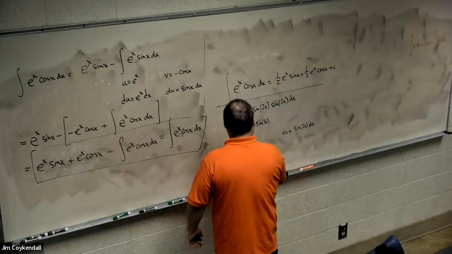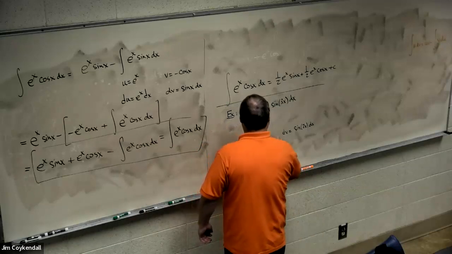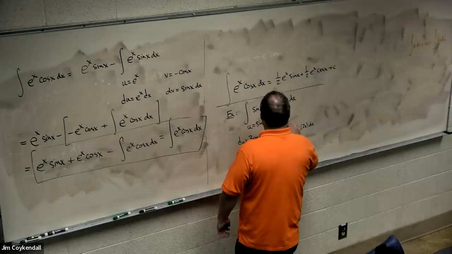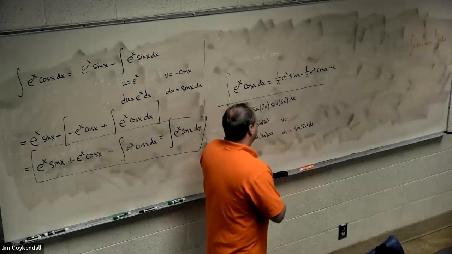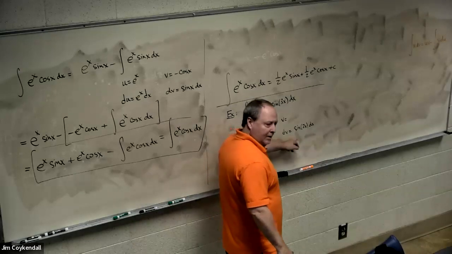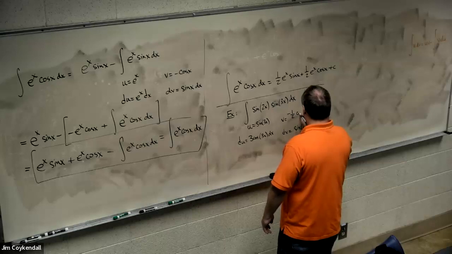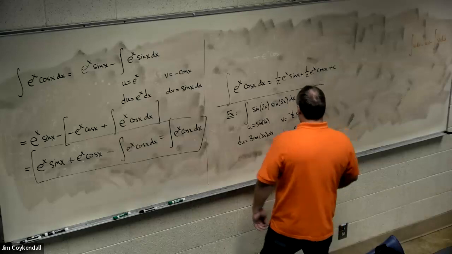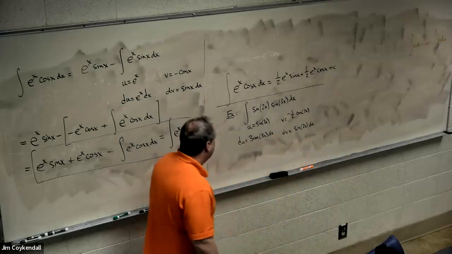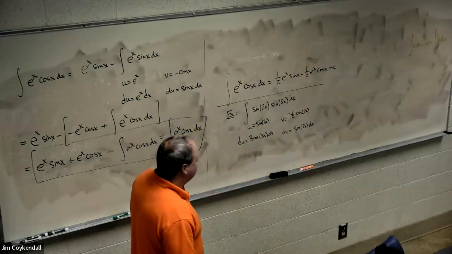Derivatives and whatnot. The antiderivative of sine 2x should be minus 1/2 cosine. Everybody agree with that?